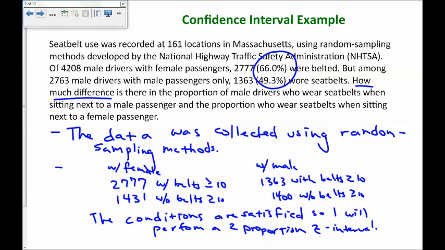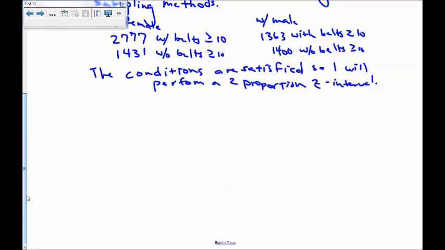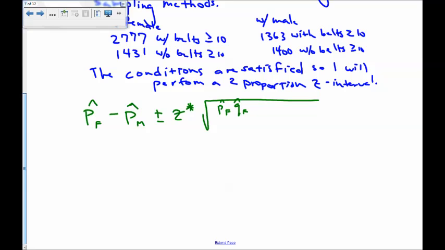I've checked my conditions and I've stated what test I'm going to do. I should next calculate that interval. The formula altogether is, I'll call it, p sub f hat minus p sub m hat plus or minus z star times the square root of p sub hat f q sub hat f over n sub f plus p sub hat m q sub hat m over n sub m.